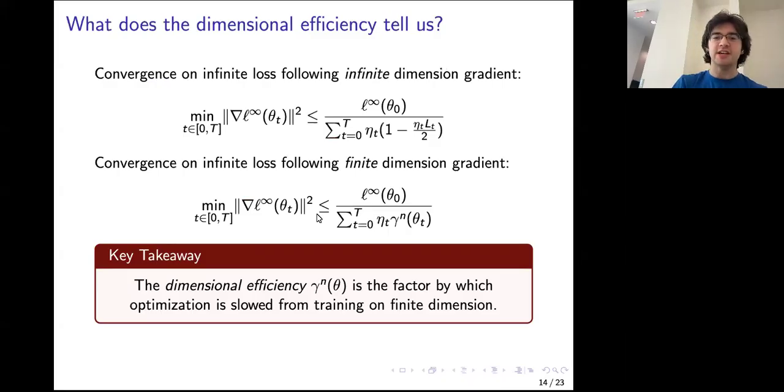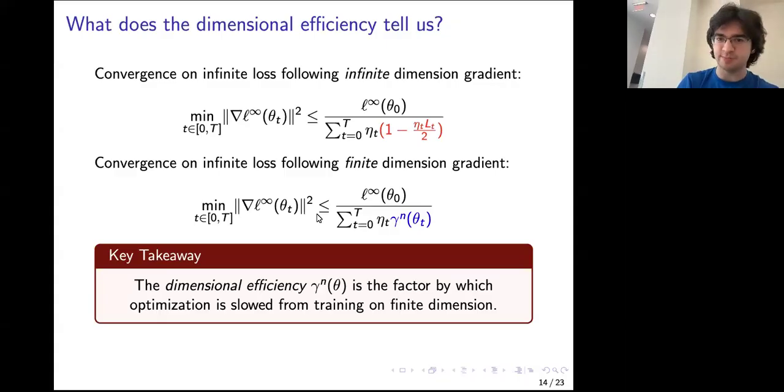And so, we get a convergence rate. If we follow the infinite dimensional gradient, this is straight from normal optimization, we get that the minimum grad norm squared is bounded above by something involving the sum of the learning rate times 1 minus eta t L over 2. And if we use what we just did above and get a convergence rate on the infinite loss following the finite dimensional gradients, we get a very similar structure of result, except that instead of 1 minus eta t L over 2, we get a gamma n there instead.